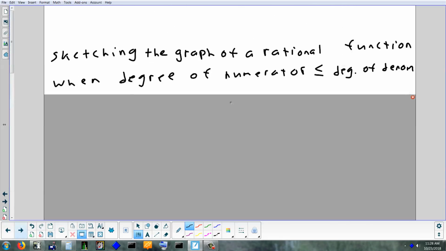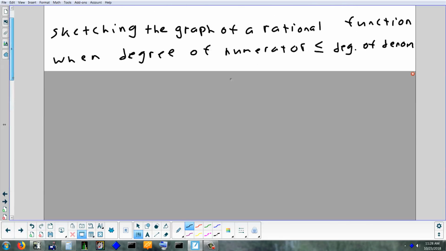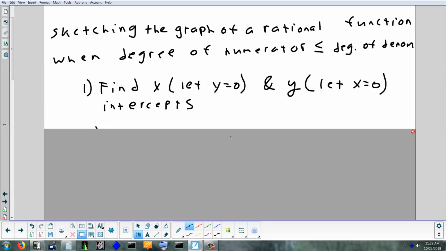And we'll see how to sketch them. These kind of graphs aren't too bad to sketch, especially once you do all your asymptotes, because your asymptotes give you regions that you need to draw things in. So that's the first thing you want to do. You always want to sketch your asymptotes.